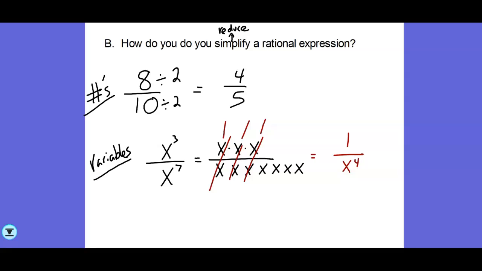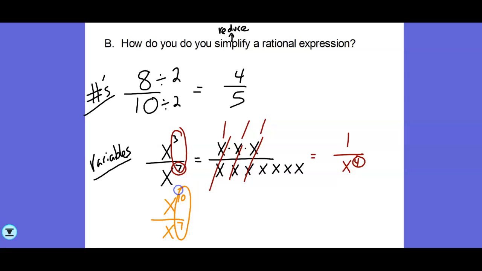What you do basically is you subtract your powers, right? So what's 7 minus 3? Well, it's 4. And since the bigger power was on the bottom, the 4 x's are left over on the bottom. Likewise, if we apply that shortcut, let's say I had x to the 10th over x to the 7th power.